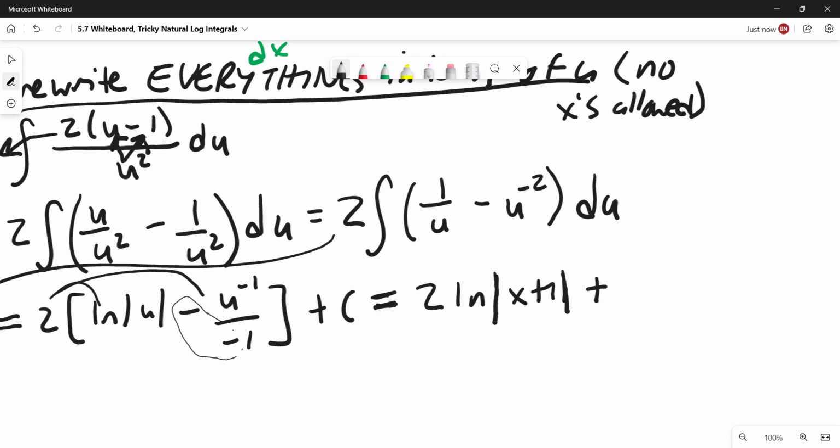So plus 2 over, because it's u to the negative 1, so x plus 1 is just in the denominator like that, plus c. So again, we have the 2 in both of our terms. Okay, hopefully you can get that.